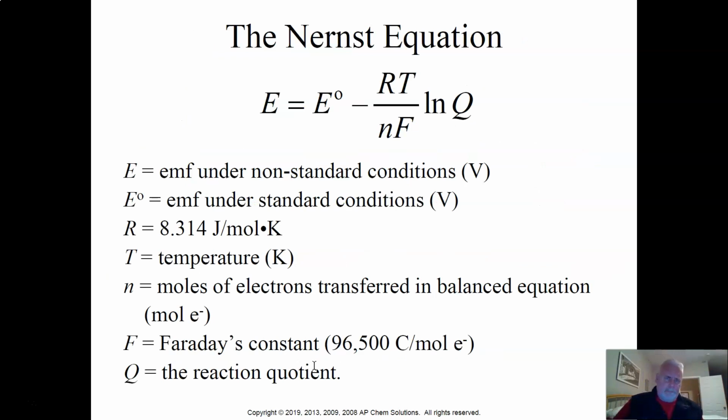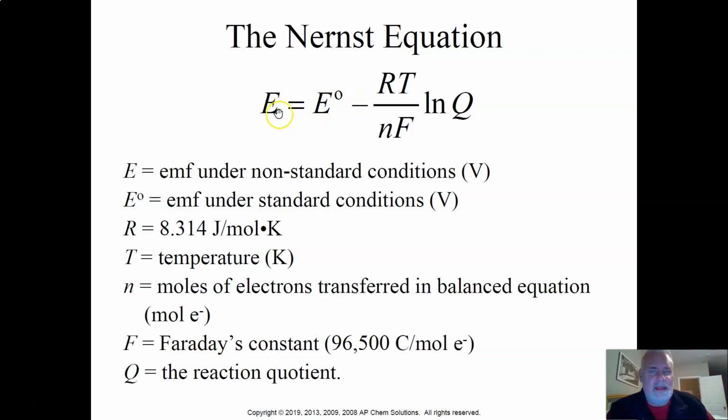Okay, so we're almost to, this is the penultimate equation on the purple sheet. There's one more that we'll talk about tomorrow, but this is the Nernst equation. And you look at this and you go, E equals E, what's going on there? Well, the circle, we all know, means that it's at standard conditions.